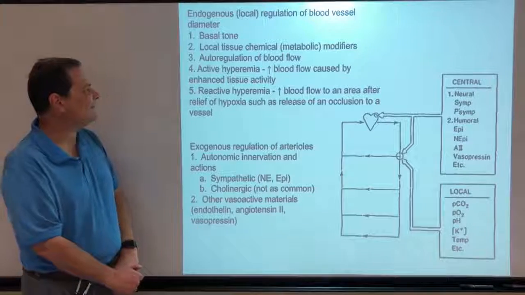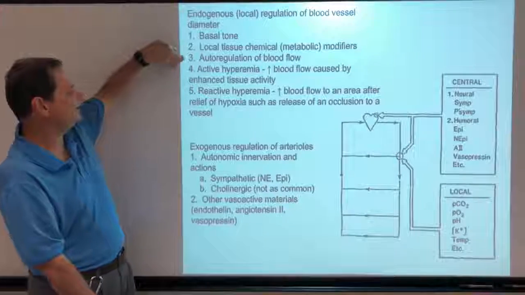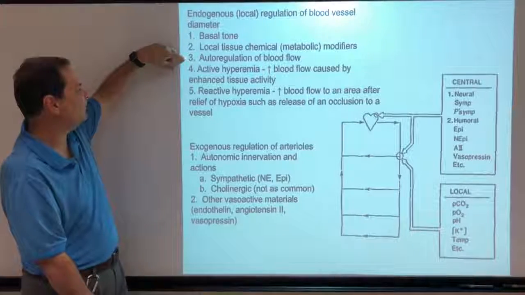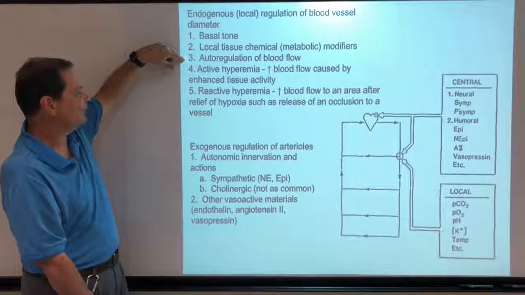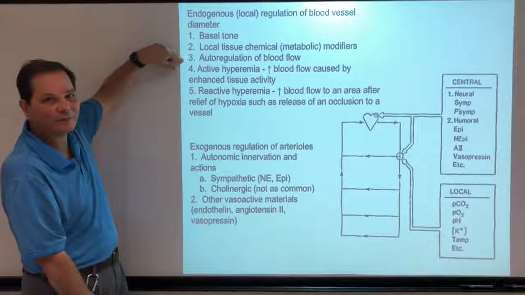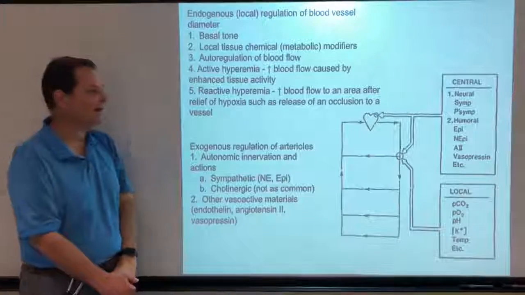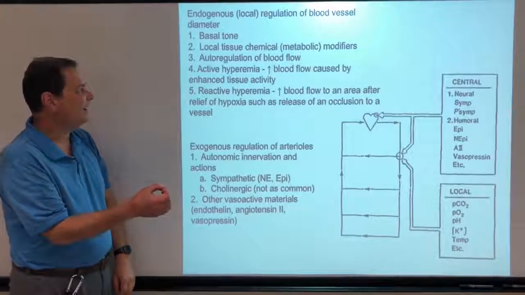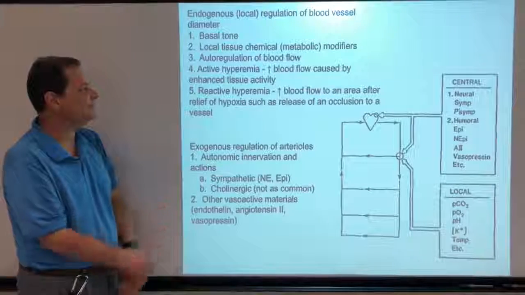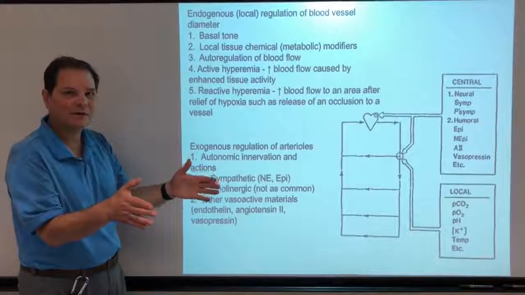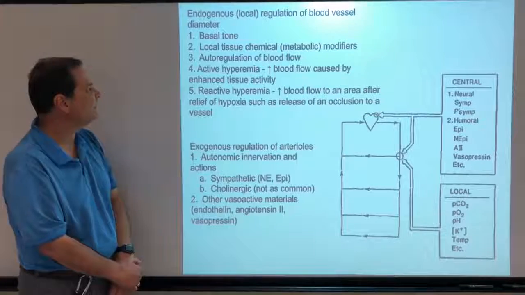We have autoregulation. Remember, this is qualitatively in all of the circulatory beds, but it's far and away the most important in the renal system, where the smooth muscle will automatically constrict and dilate in order to keep flow constant over a given range of blood pressures.